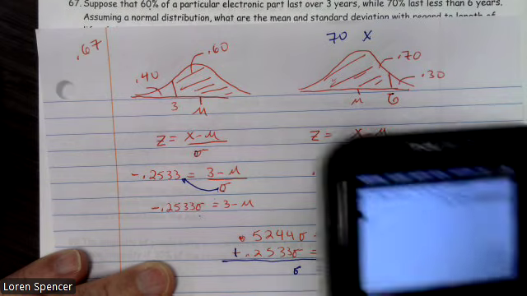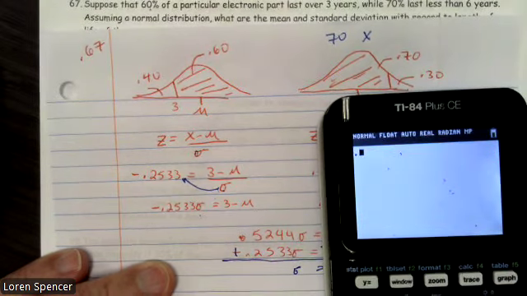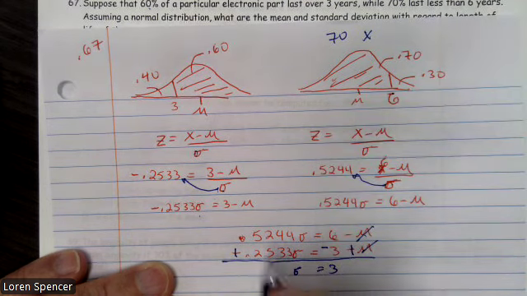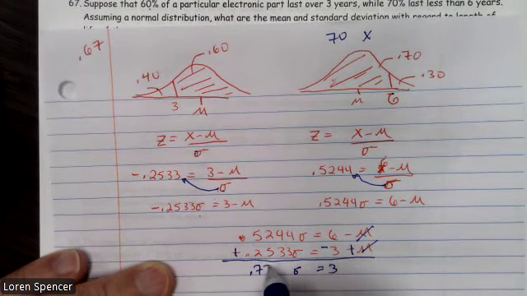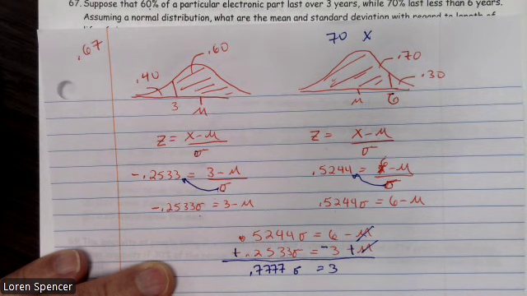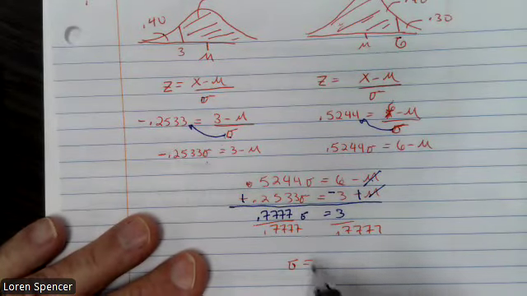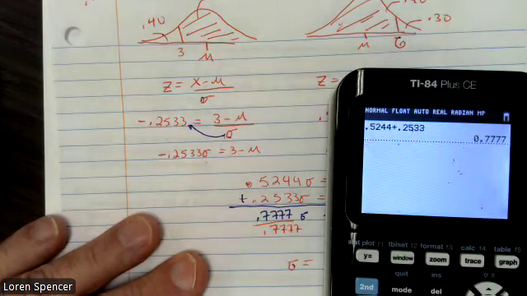And if I add up 0.5244 plus 0.2533, we end up with 0.77 standard deviations equals 3. If I divide both sides by 0.77, I should be able to get my standard deviation at this point or be close.